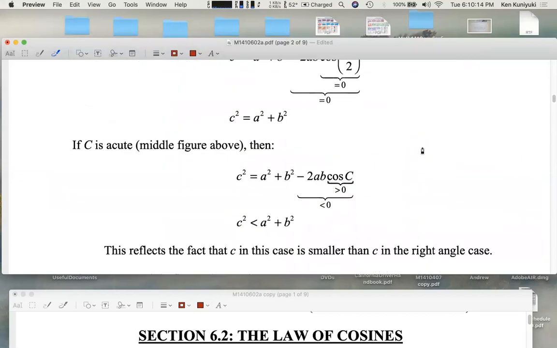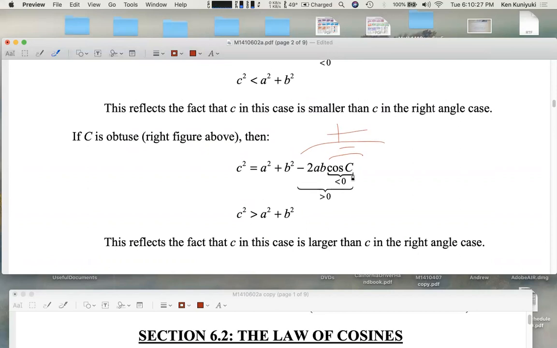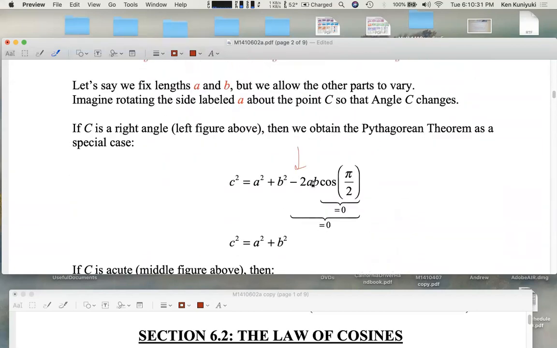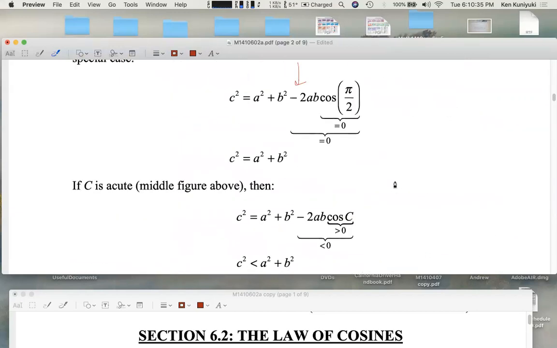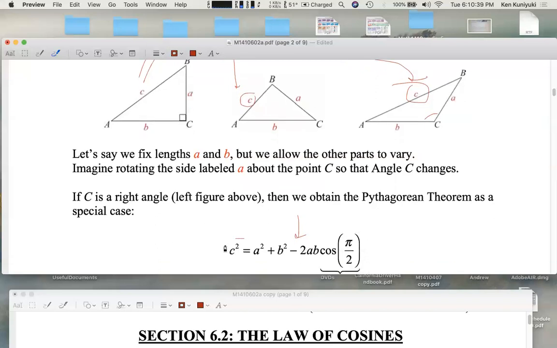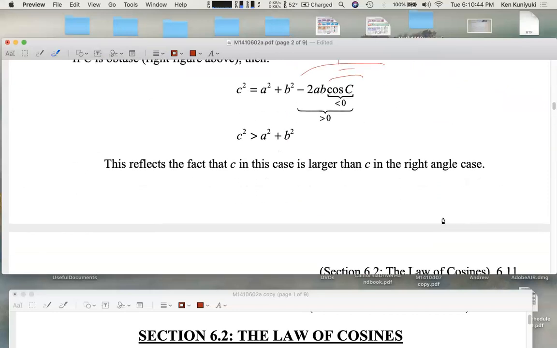If C is obtuse, then the cosine is negative, which means that the fudge term is positive because you have the minus sign there. C squared grows, therefore C grows. So you can do a thought experiment, and you can see why this minus sign makes sense. Of course, in the case of a right angle for capital C, this is 0. We get the Pythagorean theorem. But this all makes sense.